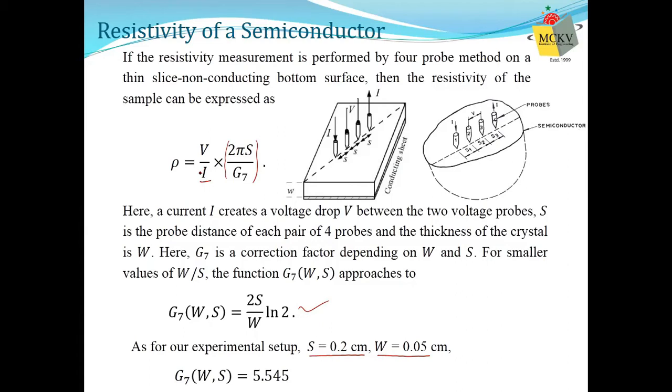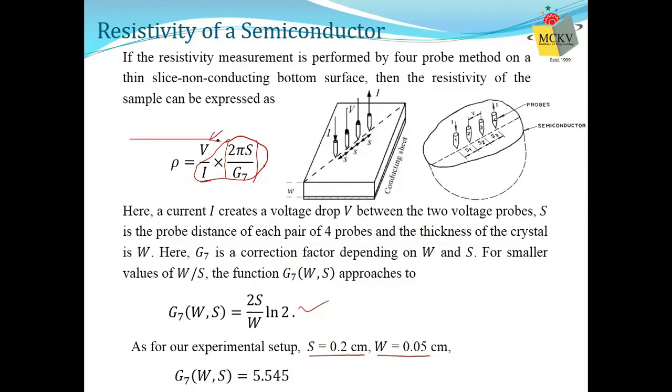So we'll treat I as constant also. That means this whole quantity is actually constant. When we start the experiment, we know the value of this constant, because I will be fixed throughout the experiment and 2 pi S by G7 is always fixed. So the only variable quantity could be V.